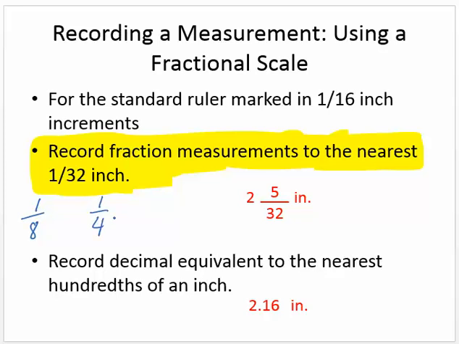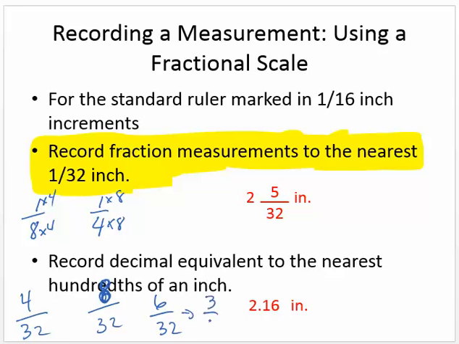Well, I'm thinking what might be an easier way for you guys to do this is automatically convert them into 32nds. 4 times 8 is 32. 1 times 8 is 8/32. Take this times 4 and this times 4, and I get 4/32 and 8/32. Well, what's right in the middle of the 4 and 8? 6/32. Now reduce it, and I get 3/16, and you're done.